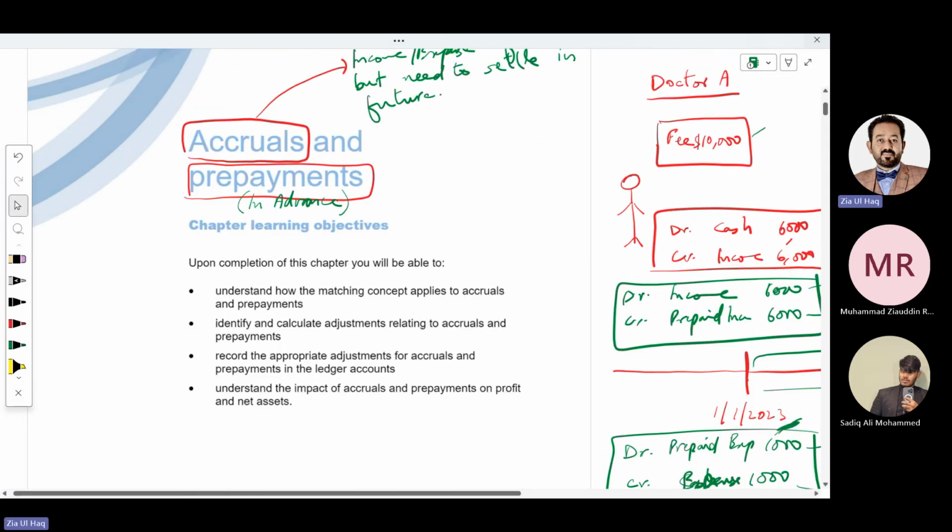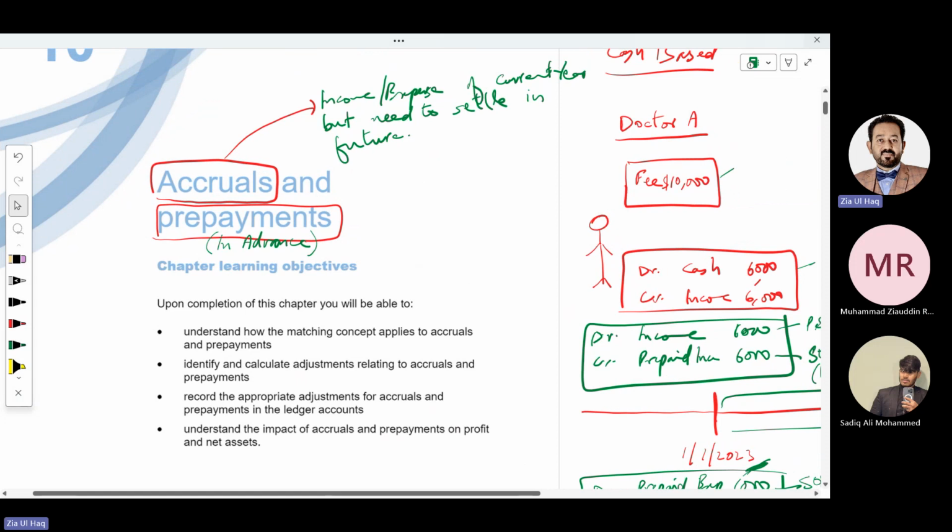So accruals mean relating to current year but need to be settled in future. Prepayments mean received or paid in the current year but benefits need to be provided in future. They are relating to future but settled in the current year.